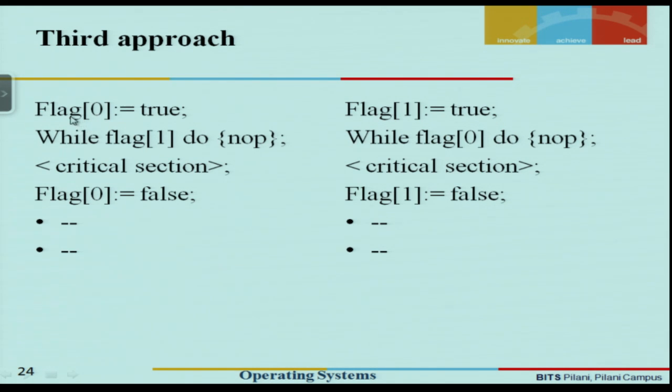So both the processes have marked their flags equals to true, and now both of them are not able to proceed. They get into a kind of complete deadlock. They will not be able to move. So this is a problem which we would need to resolve.